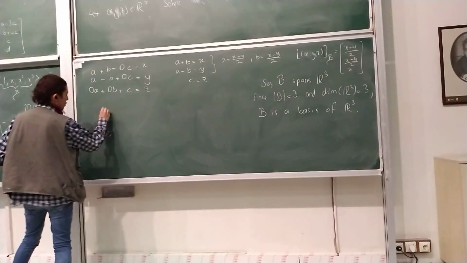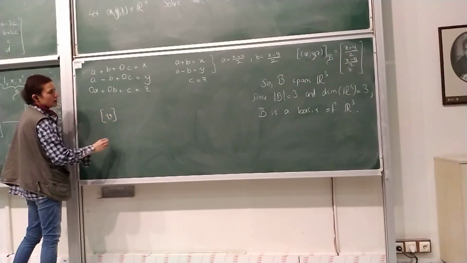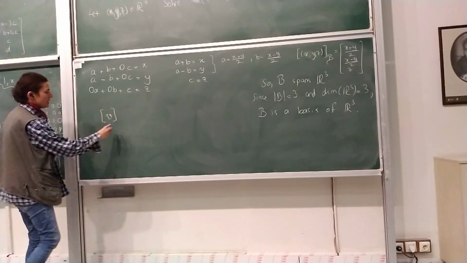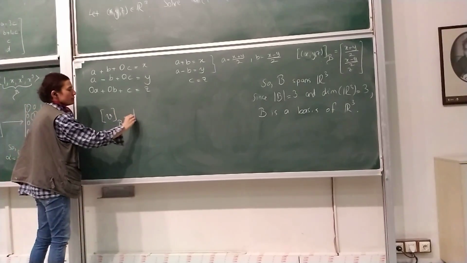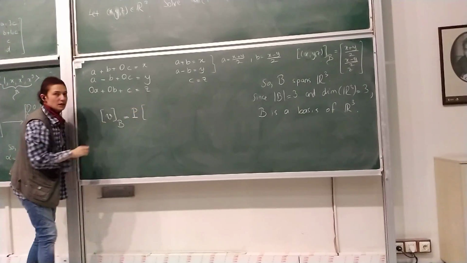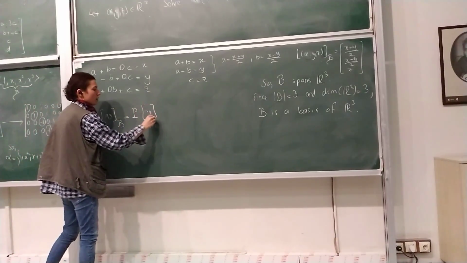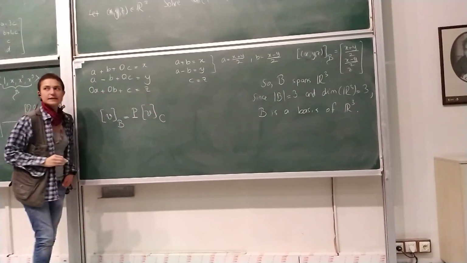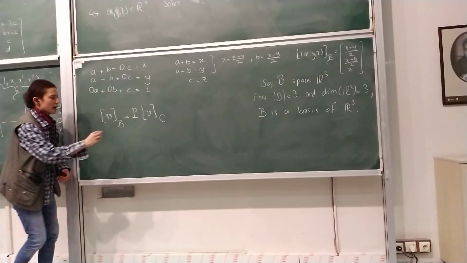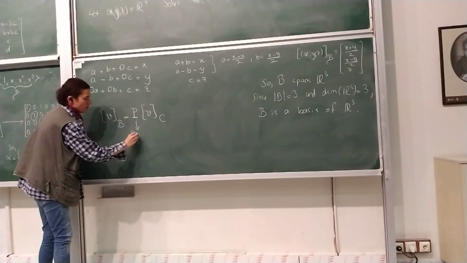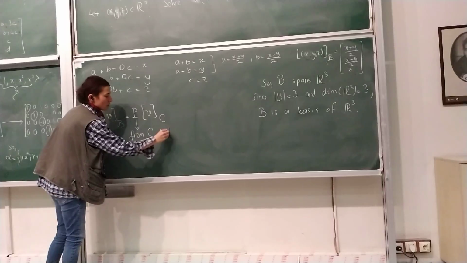So the coordinates of a vector according to B should be obtained by multiplying by an invertible matrix, multiplied by the coordinates in C. This is the transition matrix from C to B.